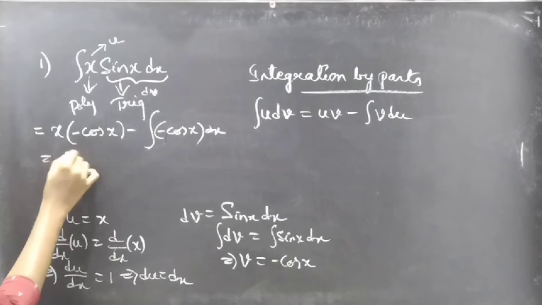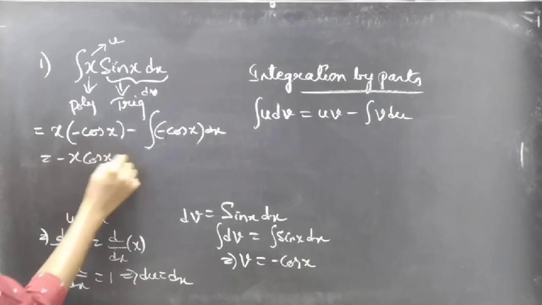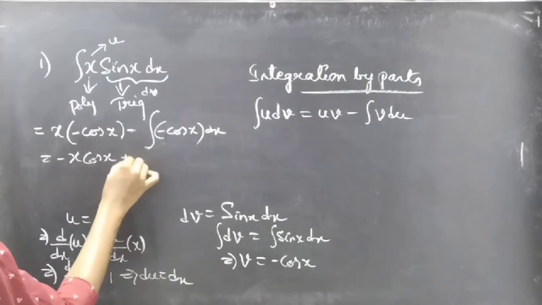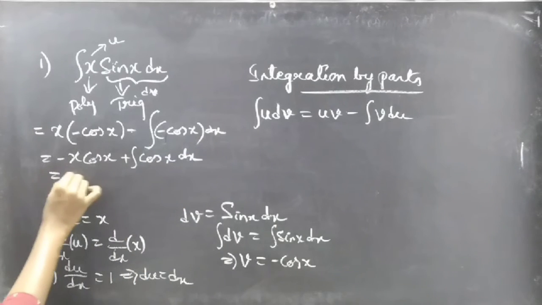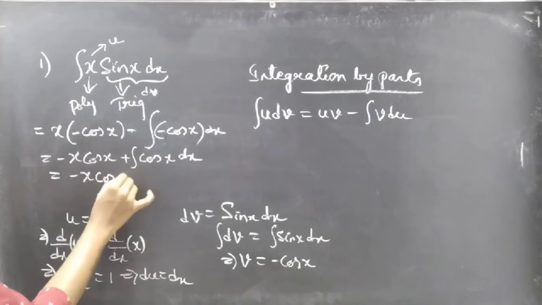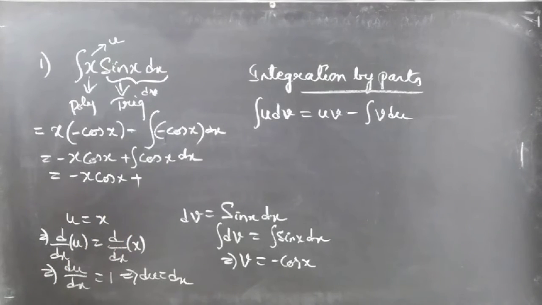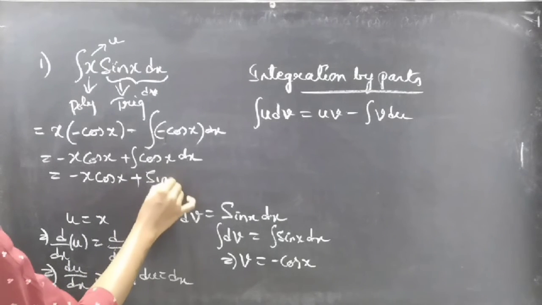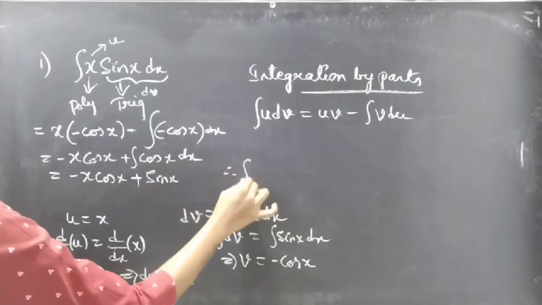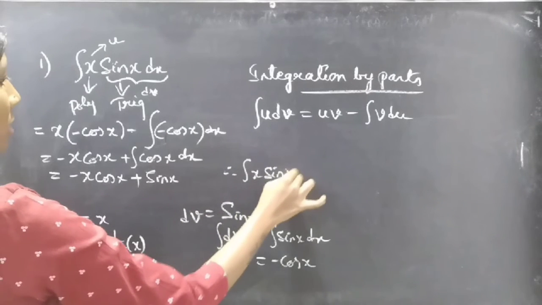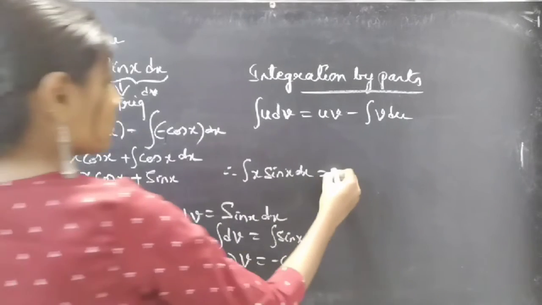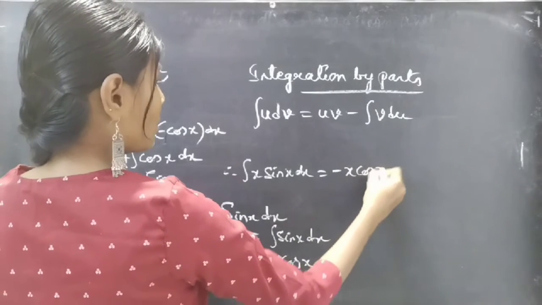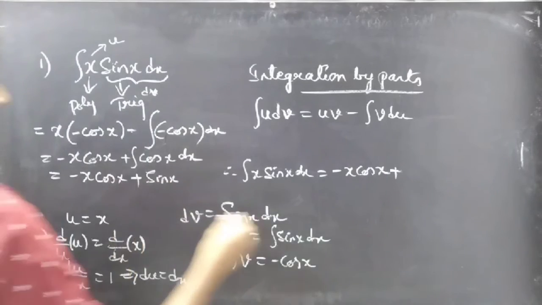This gives us minus x cos x minus into minus, plus integral cos x dx, which gives us minus x cos x plus integral cos x, which is sin x, right? Therefore, integral x sin x dx is minus x cos x plus sin x.